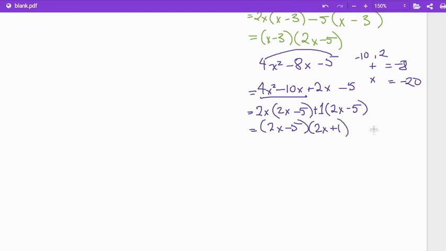Now, remember that if you're not sure if you factored correctly, you can always expand these two binomials to see if you end up with the answer, right? Just reverse the process.